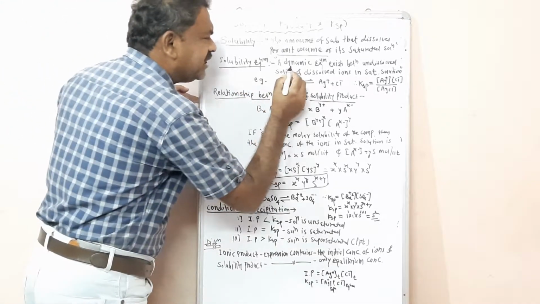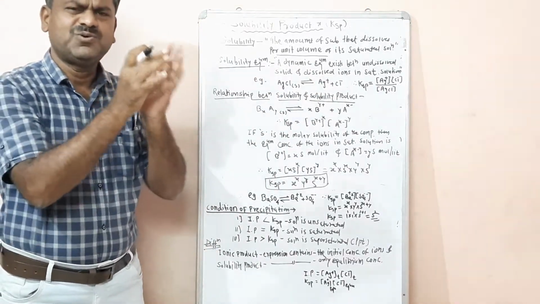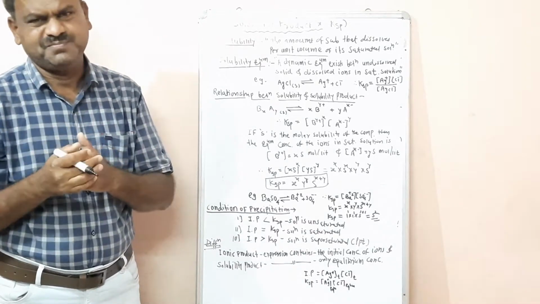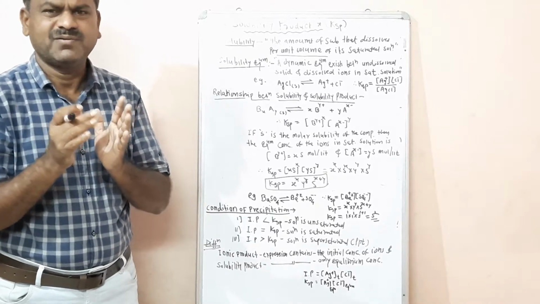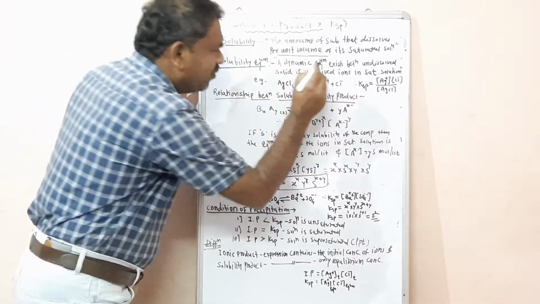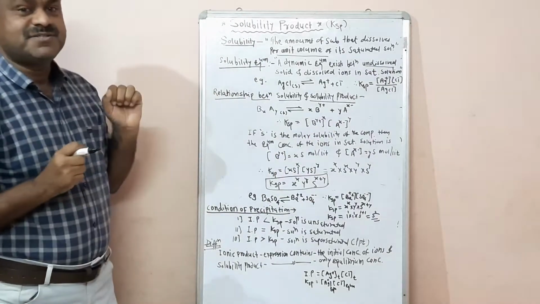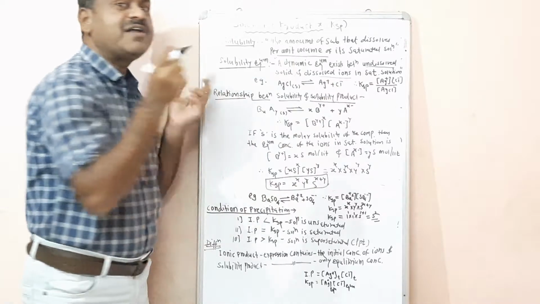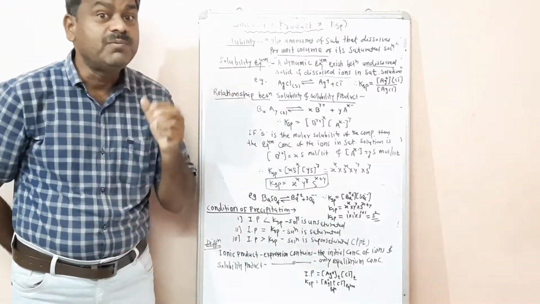It means the dynamic equilibrium between the solute, or solid substance, and the solution. That equilibrium between the two is the dynamic one. The dynamic equilibrium which exists between the undissolved solid and dissolved ions in a saturated solution is known as the solubility equilibrium.